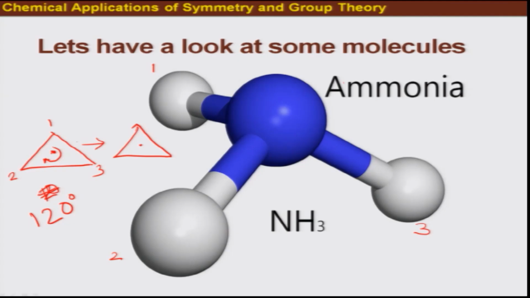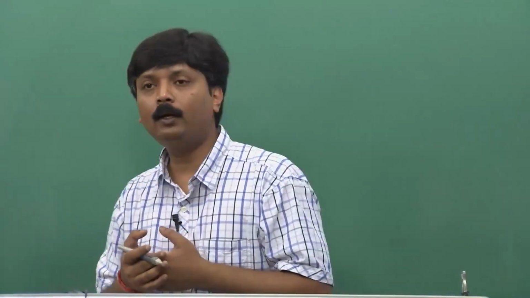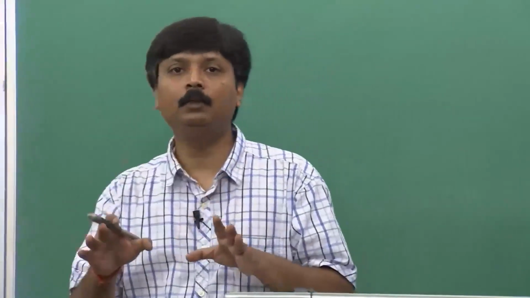So here if I give a rotation which is clockwise, then what will happen? This 1 which was earlier at the top will come now here, 2 will go here, and 3 will come here. Now if I hadn't marked these hydrogen atoms, then I would have no option to figure out whether anyone has done anything with this molecule.